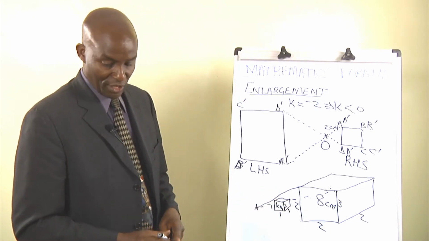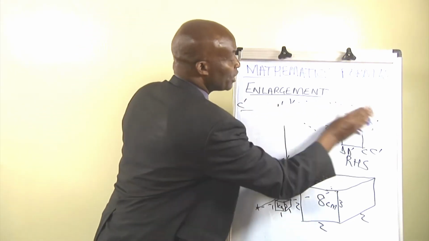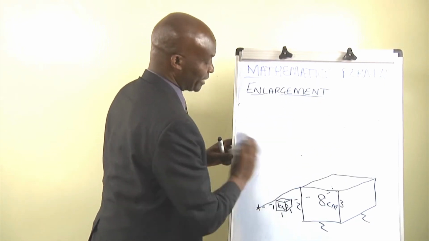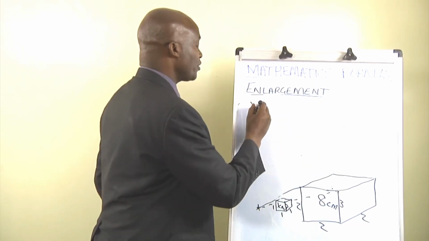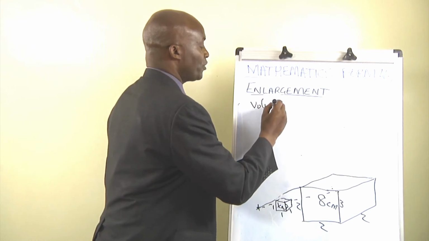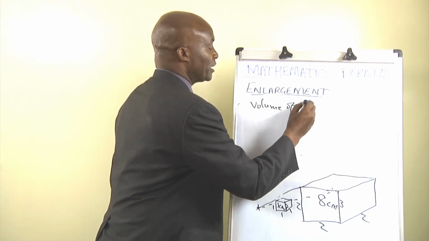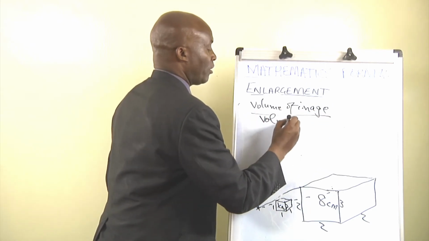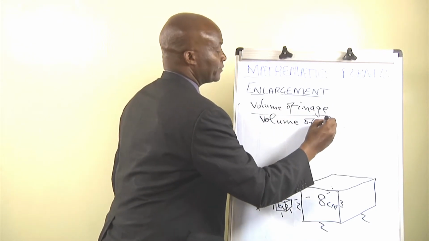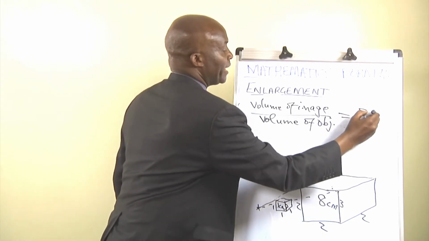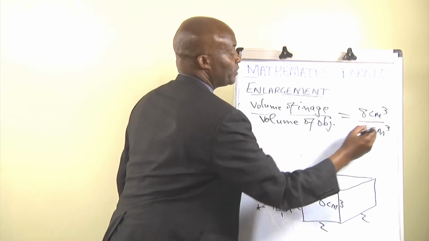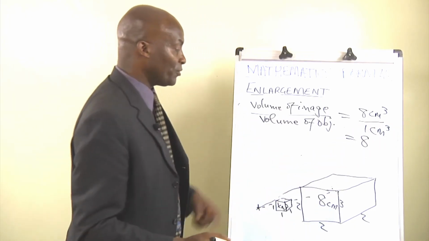So now we can talk about volume scale factor. Volume scale factor will be volume of image divided by volume of object. And this will be 8 centimeters cubed divided by 1 centimeter cubed, which is equal to 8. Now look at that.